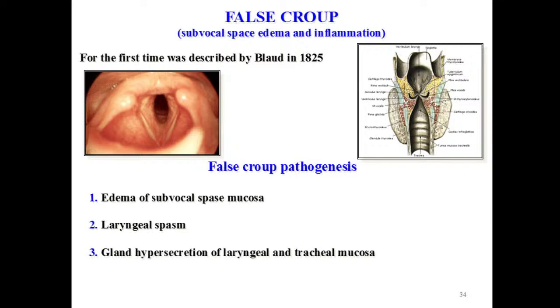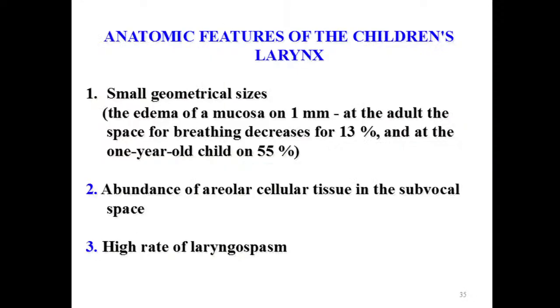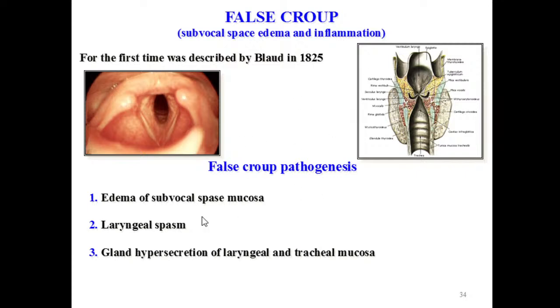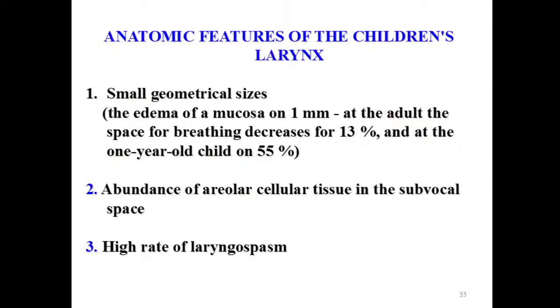So why has it happened, and why mainly in childhood? The pathogenesis of this situation is edema of the subvocal space mucosa, laryngeal spasm, and gland hypersecretion of the laryngeal and tracheal mucosa. Why children? Because the children's larynx has some peculiarities. Firstly, it has small geometrical sizes.